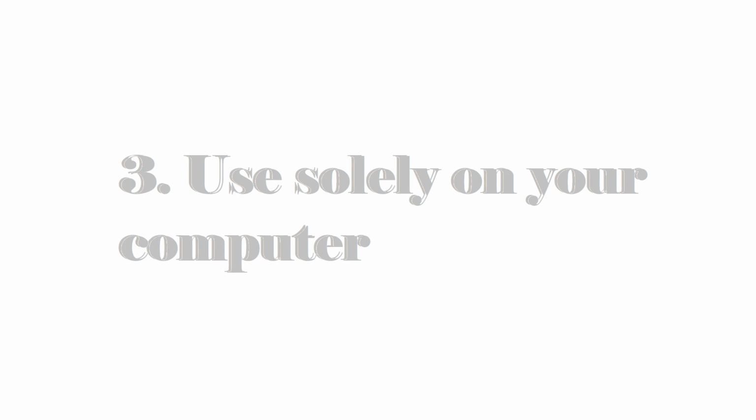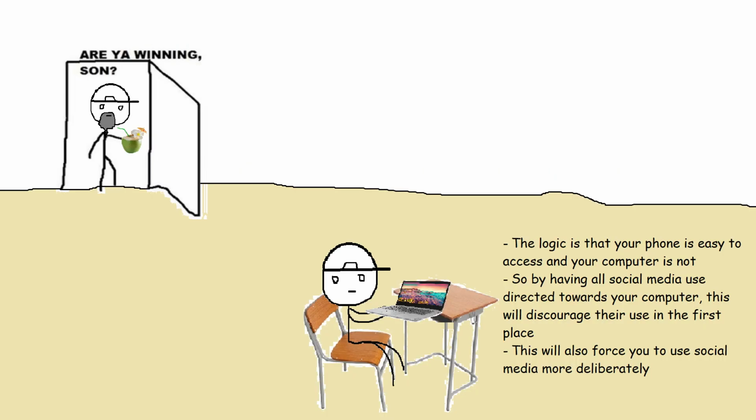Which follows next to the third thing, which is to use social media on your computer. I'll say this is almost extreme, almost, because this is a hard one, but it'll help. As mentioned in the previous one, the logic with these two is to remove the incentive by making it harder to reach your social media apps.